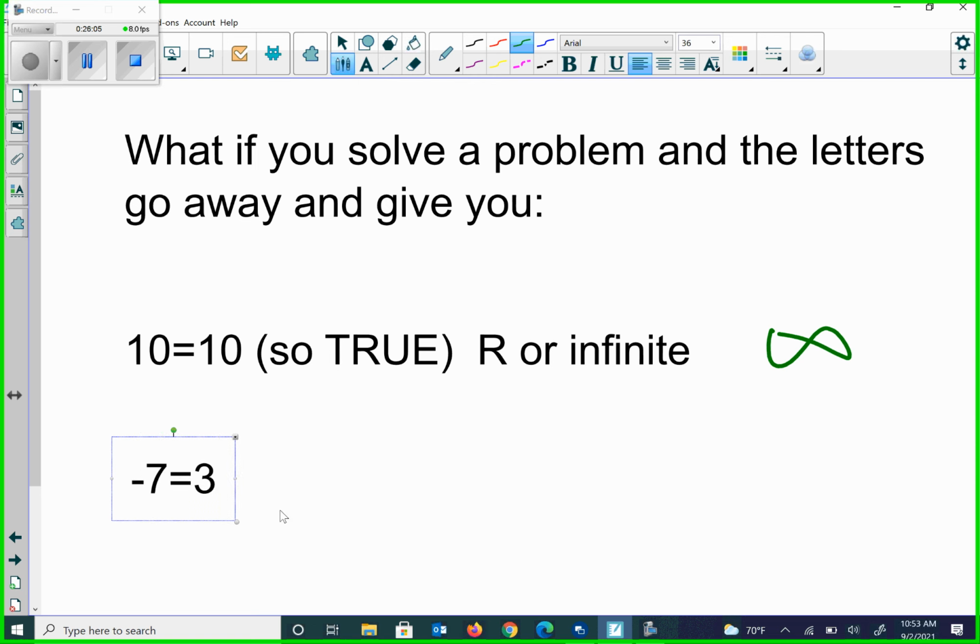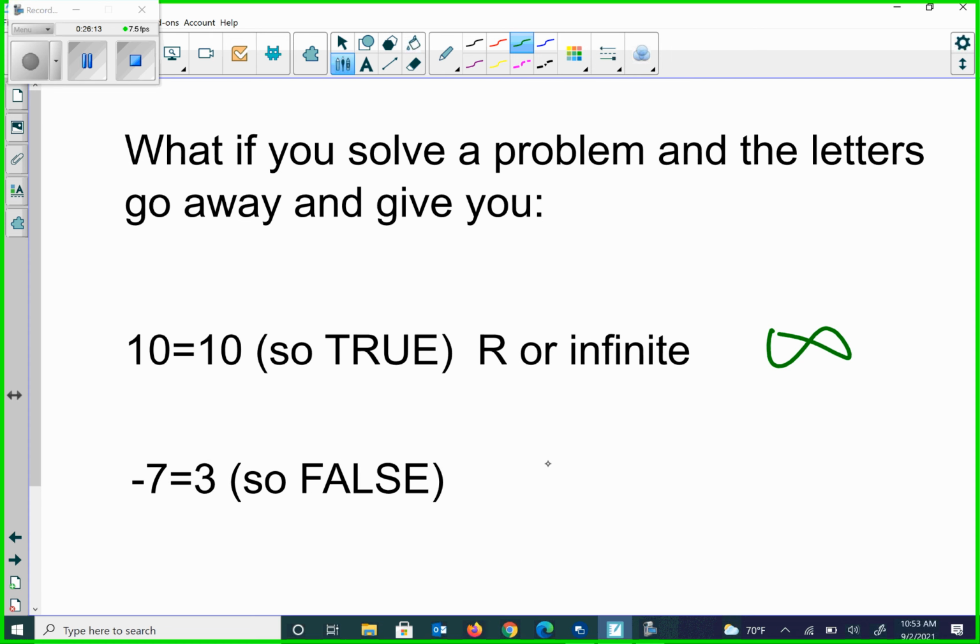Put a 0 with a false. Yeah, so this is false. So there are a number of things you can do. You can put a 0, you can put a 0 with a slash through it, or you could write no real solution or NRS. So either of those is totally fine. Okay?